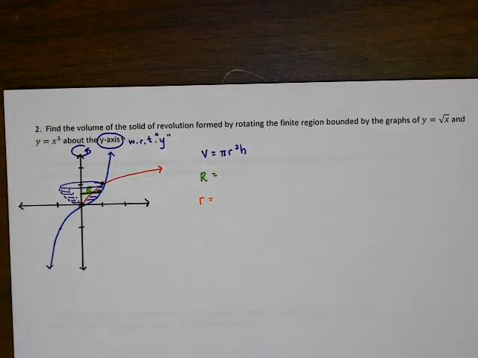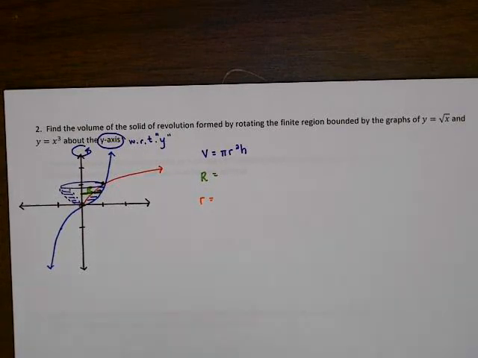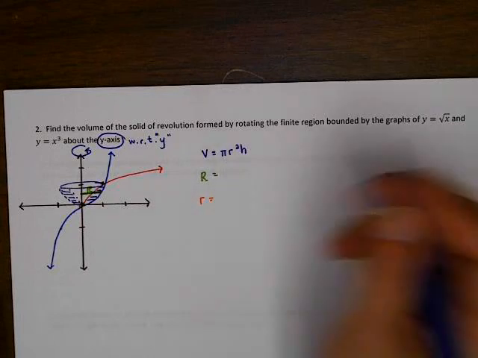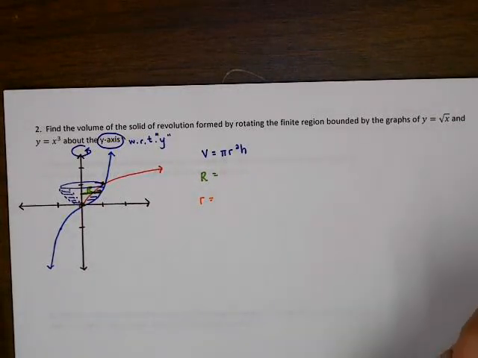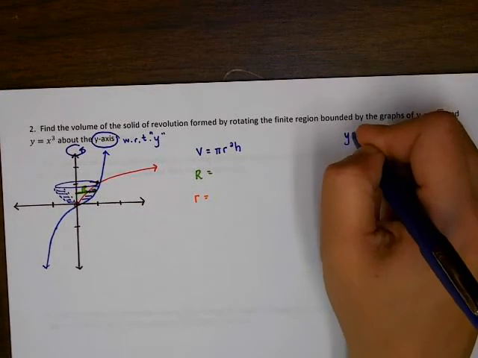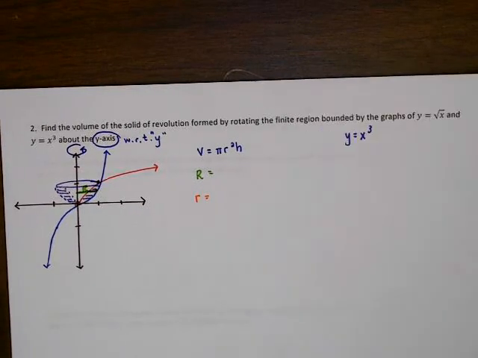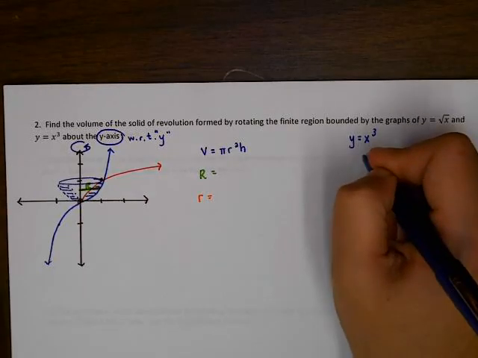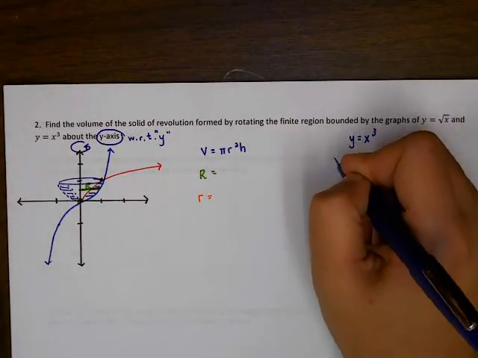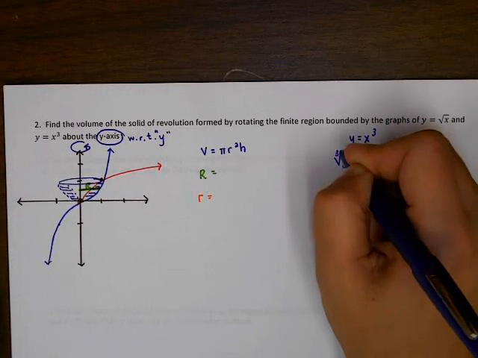In order to figure out big R, I would just do right minus left. So I would use my blue function, which is x cubed, minus my 0. Now the problem is that y equals x cubed does not have x by itself. So I'm going to need to rearrange this by cube rooting both sides.